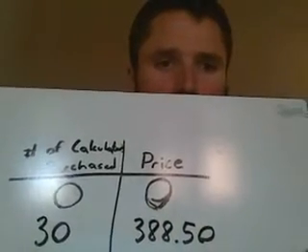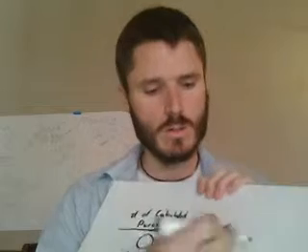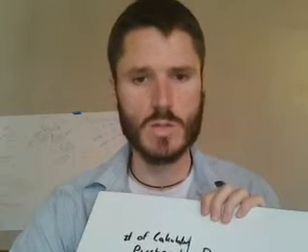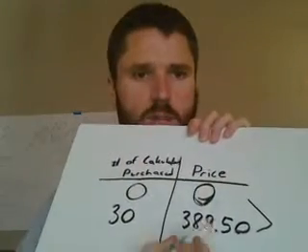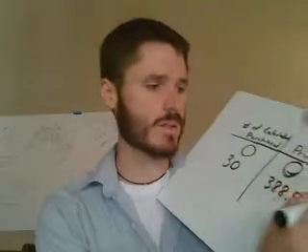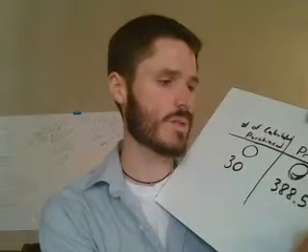30 is $388.50. Now, if I were to calculate the rate of change for this situation, what would I do? Well, in going from 0 to $388.50, what's the change? $388.50 minus 0 is just $388.50.